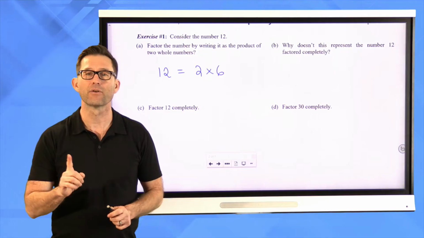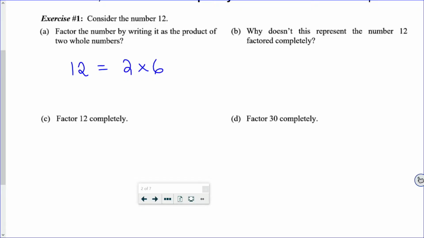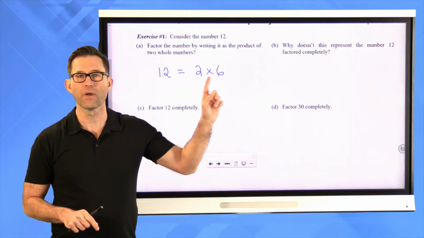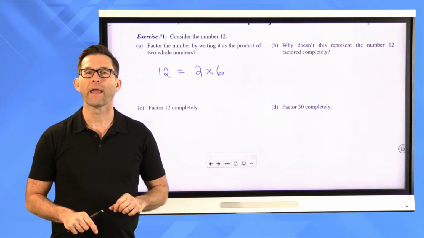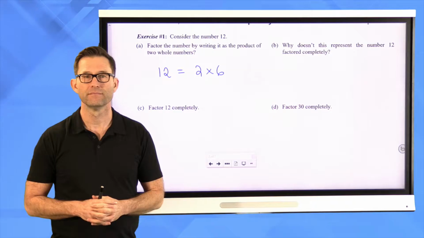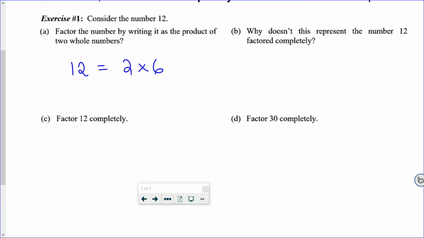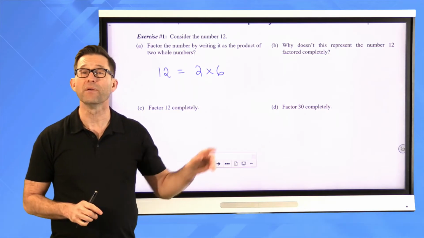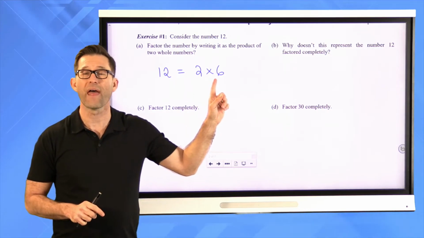Now, letter B. Why doesn't this represent the number 12 factored completely? Alright, well, I'd like you to think about that. Look at these two numbers and tell me why that's not factoring 12 completely. Well, 12 has not been factored completely because 6 can still be written as a product.